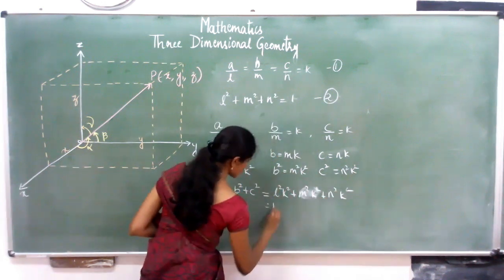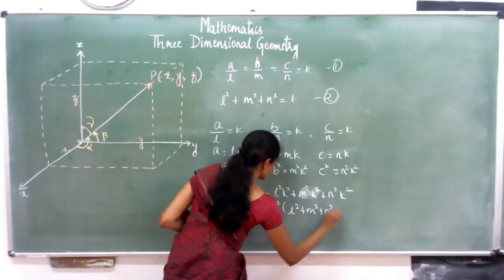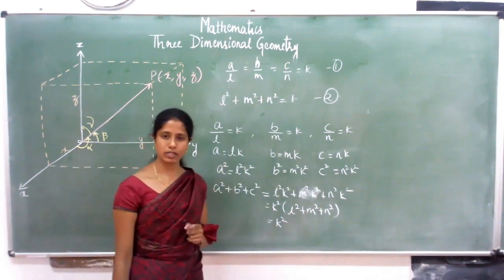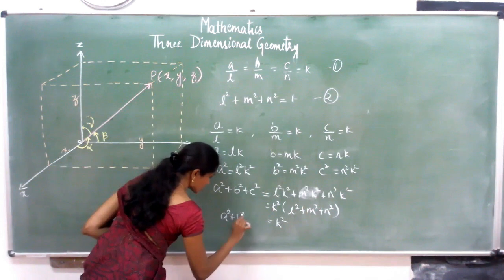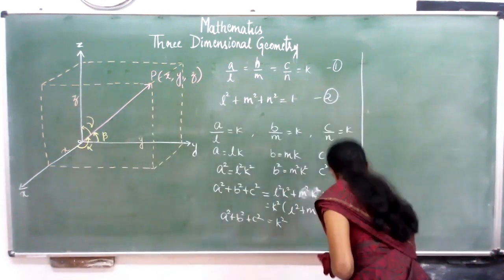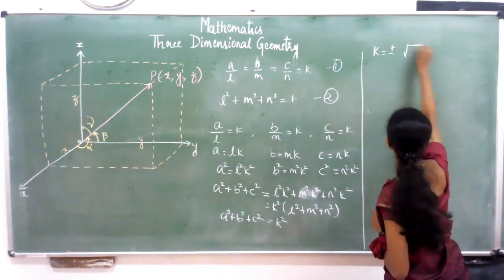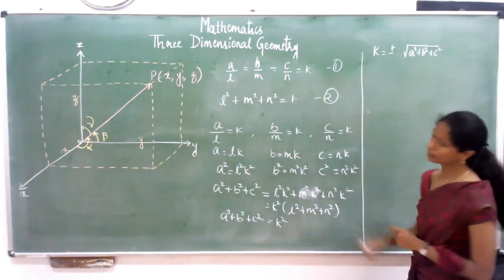So we have k square common, l square plus m square plus n square. Because l square plus m square plus n square is equal to 1, this is equal to k square. So what is k here? K is nothing but plus or minus root of a square plus b square plus c square.